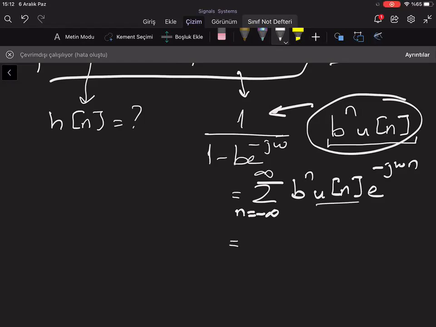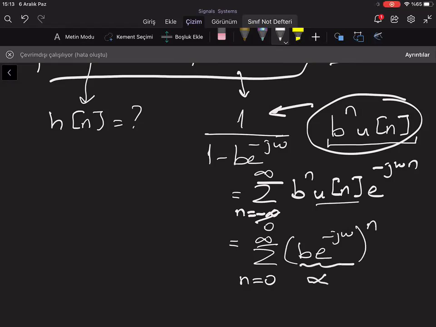So I want to show that this is the reality. u(n) will affect this one, and this will go to 0. Now my summation will be from 0 to infinity, of (b e^{-jω}) to the power n. So this is now my alpha, and the sum from 0 to infinity of alpha^n is equal to 1 over 1 minus alpha.